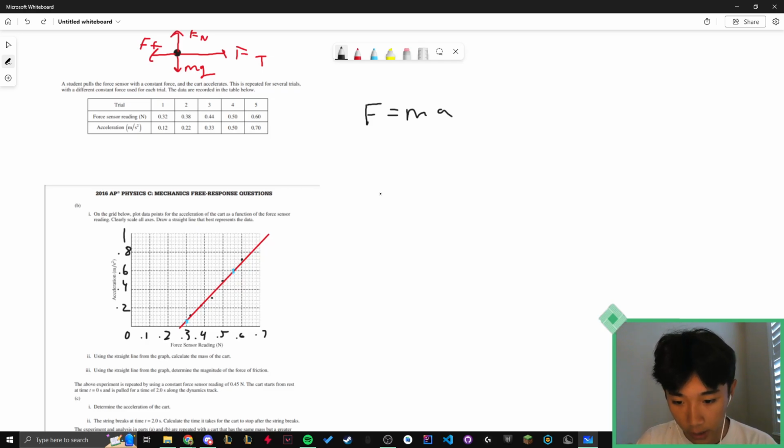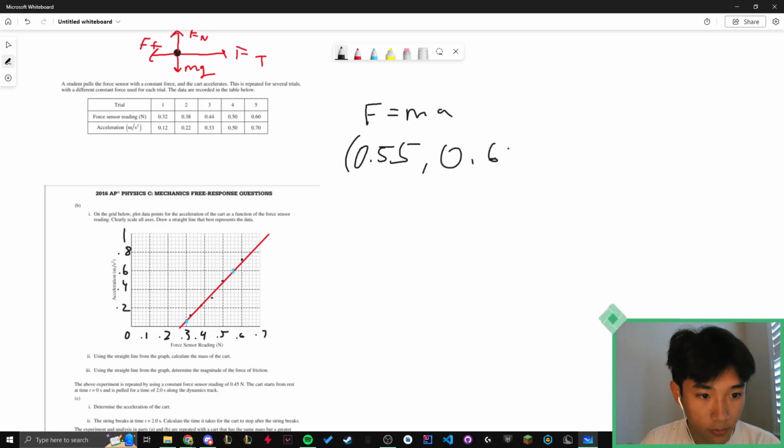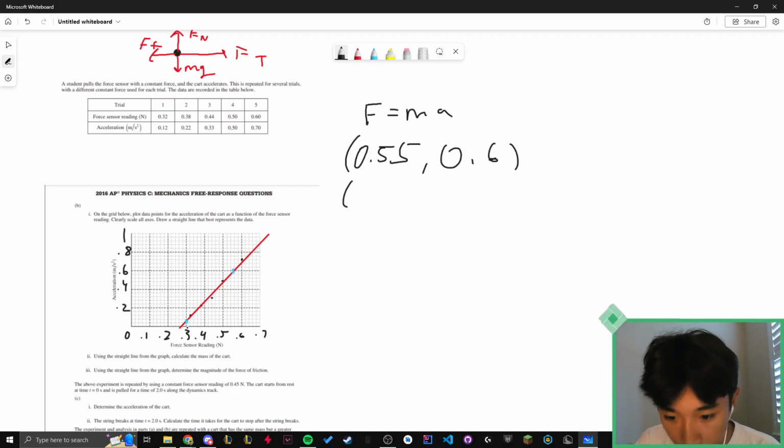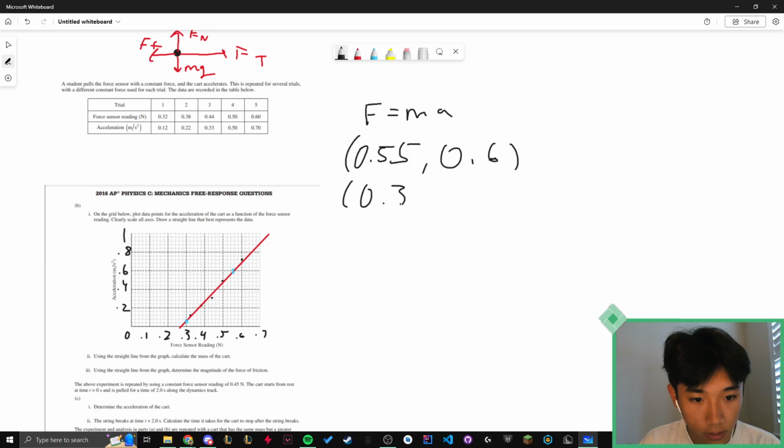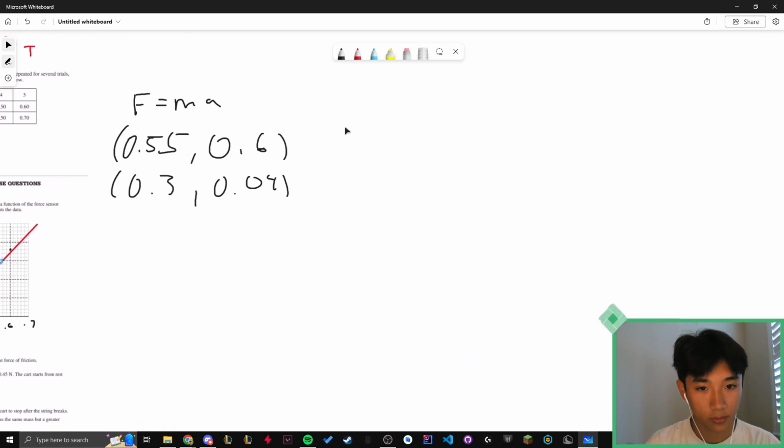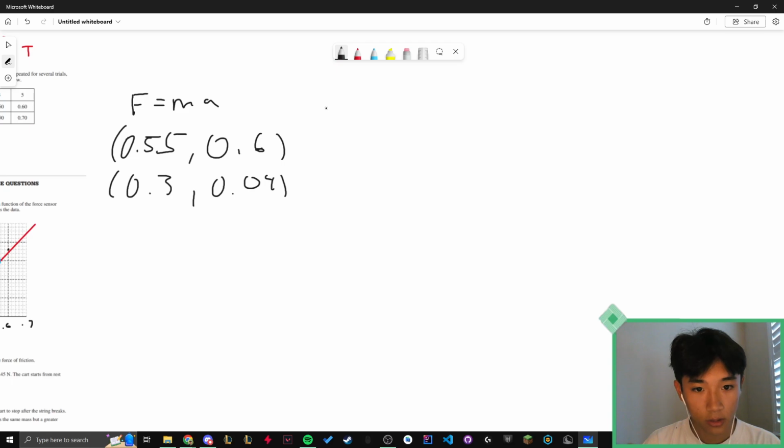So how are we going to calculate the mass of the cart? I took 2 points on the teal line, roughly 0.55 at 0.6 and 0.3 at around 0.04. So we just have to calculate the slope.